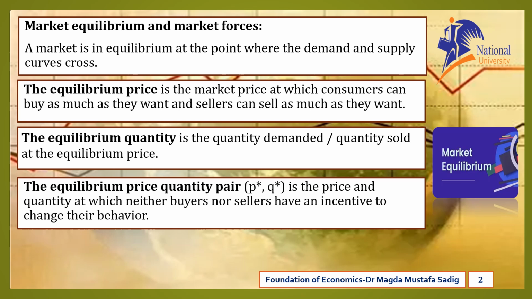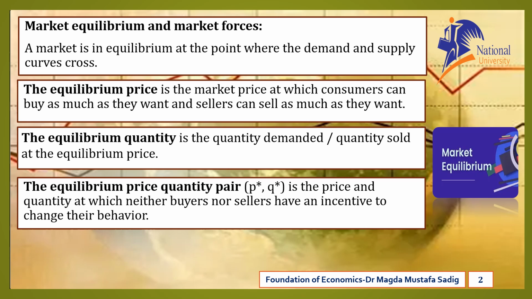If price is too high, above equilibrium, there is a surplus. Too much supply, not enough demand. Sellers cannot sell all their products, so they will reduce prices to attract more buyers.